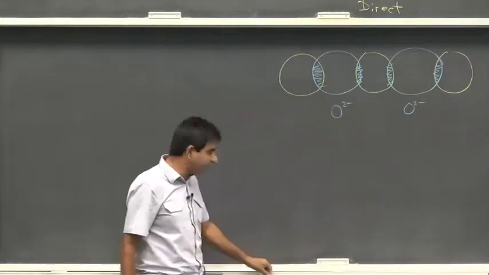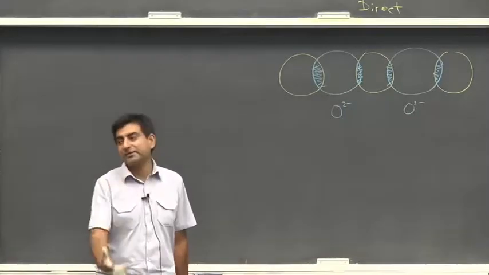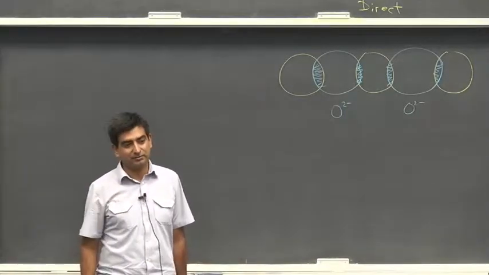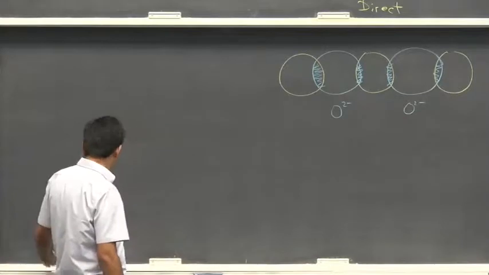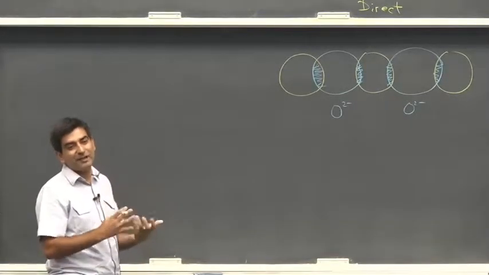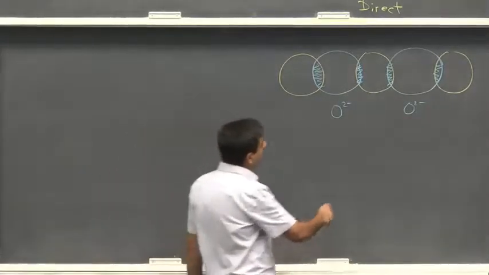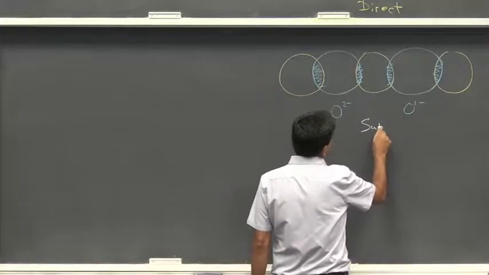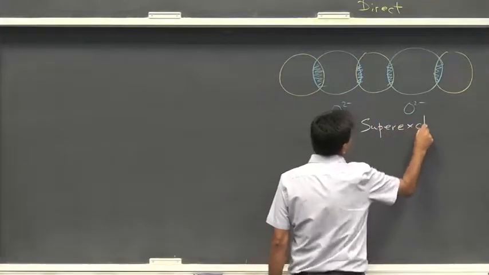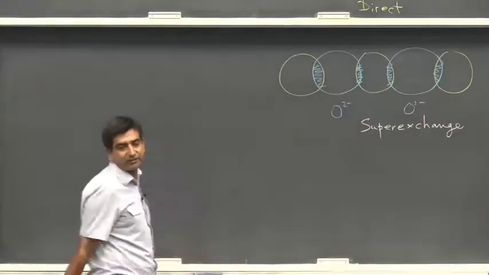This is, for example, why you see magnetism in iron oxide or the oxides, manganese oxide. This kind of exchange interaction, which is mediated through non-magnetic entities, which do not have a magnetic dipole moment, is called a superexchange interaction. And we'll learn more about these when we look at practical examples of materials.